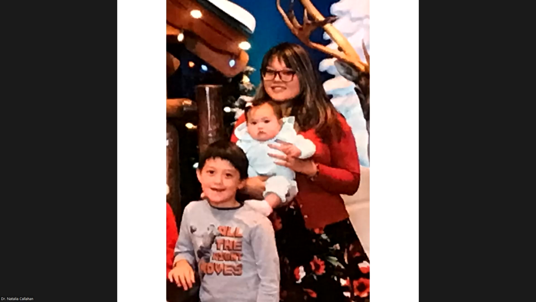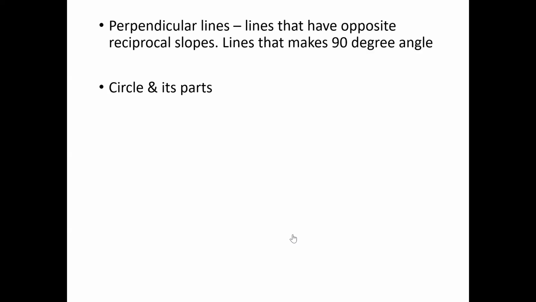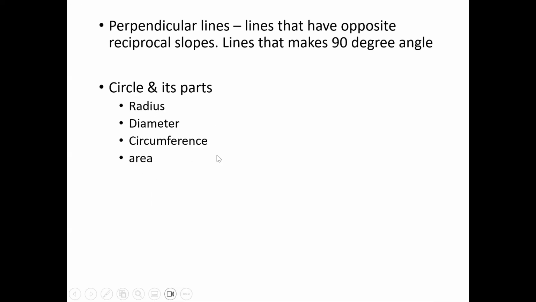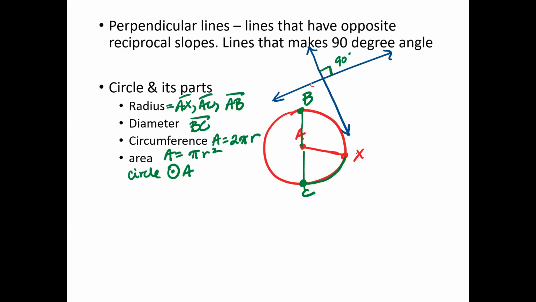Okay, and then parts of a circle. Let's go over that. Radius, diameter, circumference, area. These are all parts of a circle, okay? For example, take a look over here.